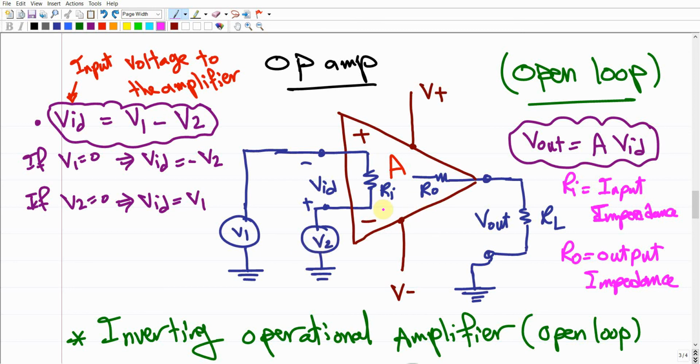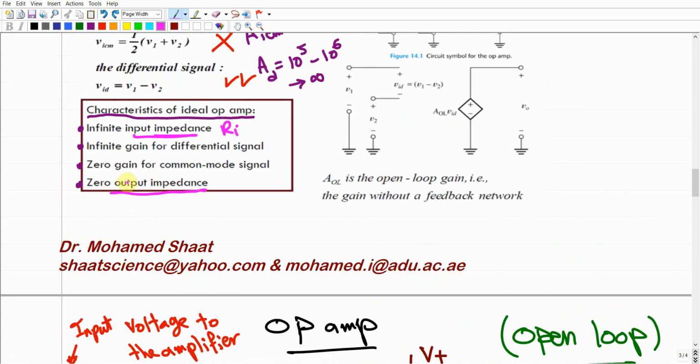Then it won't be able to do amplification, or increase the amplitude or magnification of this signal. Make sense? So that's why one of the characteristics of the ideal amplifier is that the input impedance should tend to infinity.